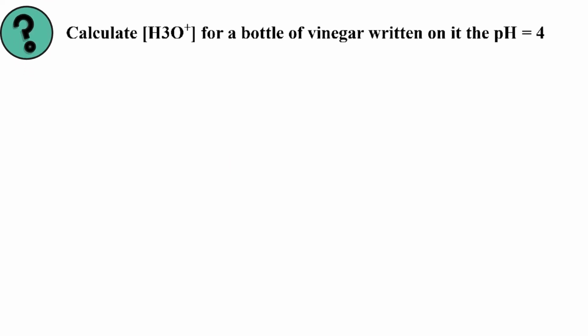In the next example, it's required to calculate the concentration of H3O+ ions for a bottle of vinegar. Written on it, the pH value is 4.